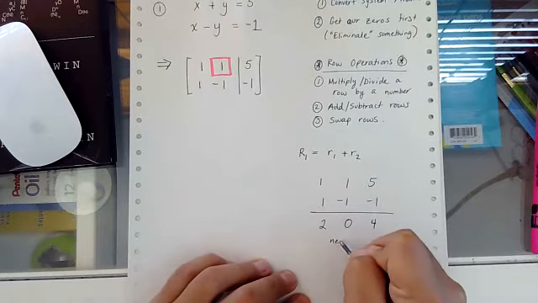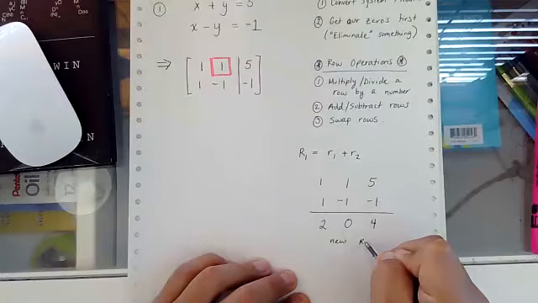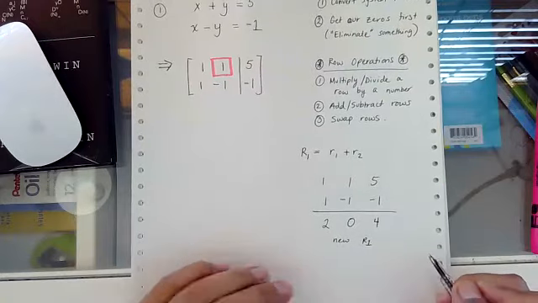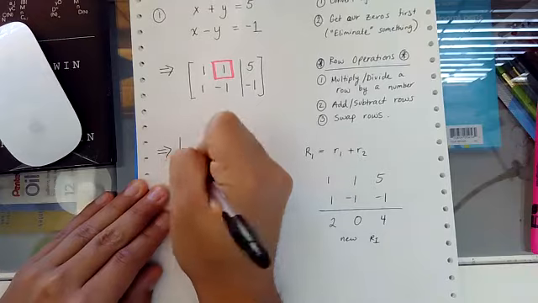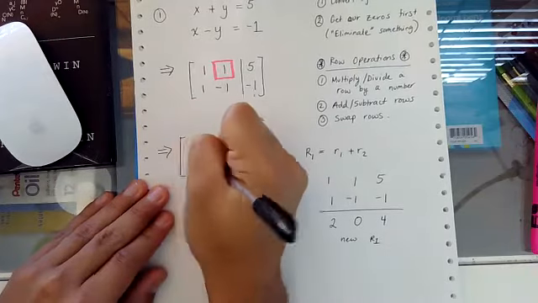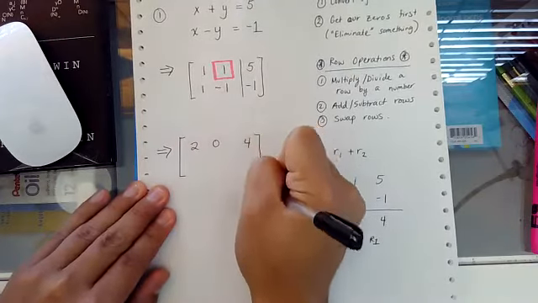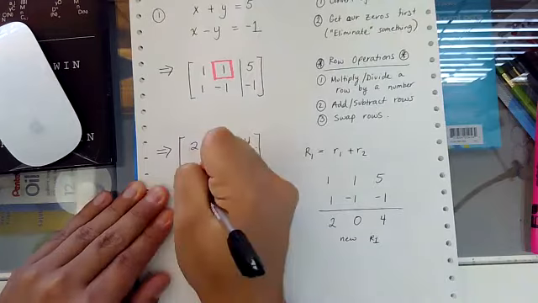And this is my new row 1. Does anybody have any questions about that first step?